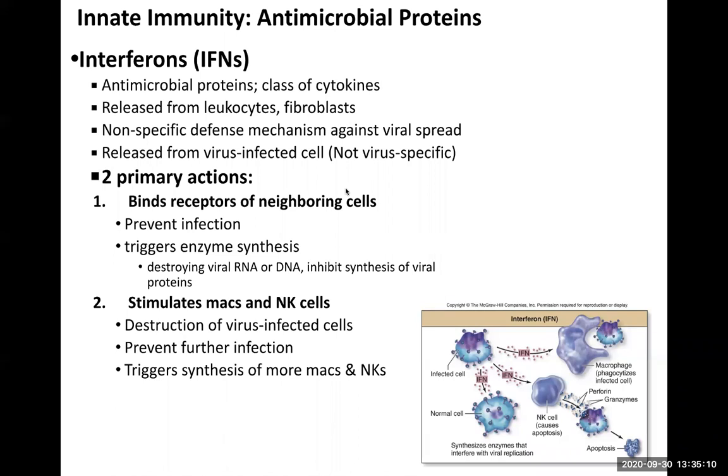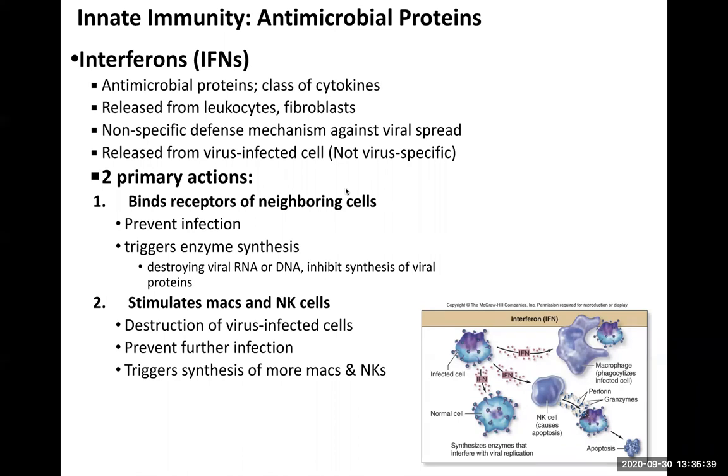So one of the things that interferons do is when they are released, so when a body cell, like a fibroblast, which is a very common type of cell, becomes infected, it will release them. I should say both infected cells and white blood cells will do this when they detect that cells have been infected with a virus.